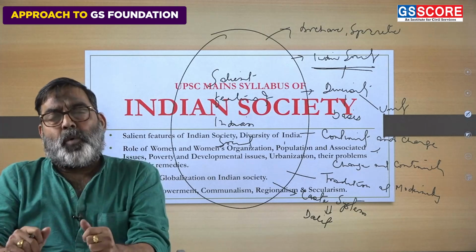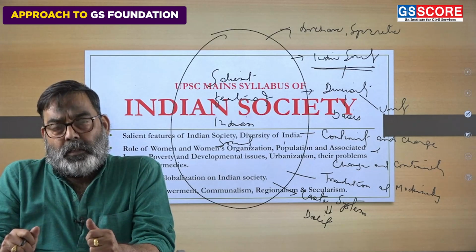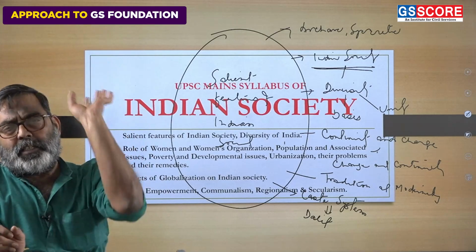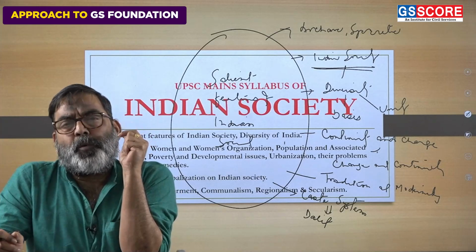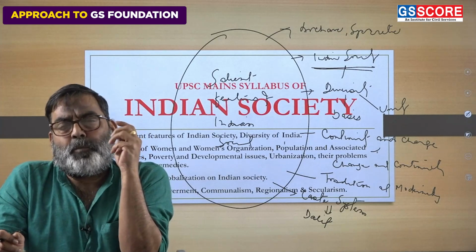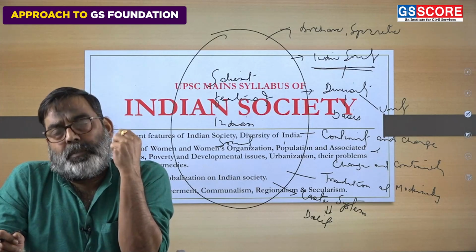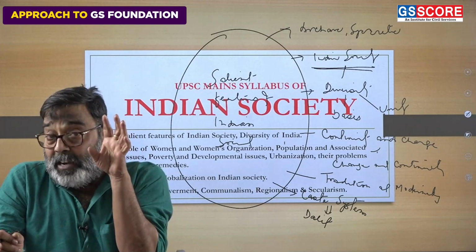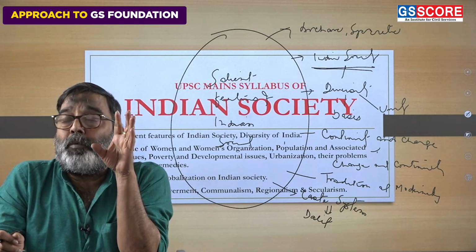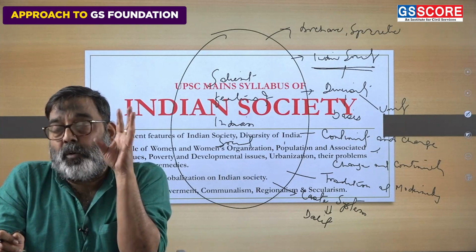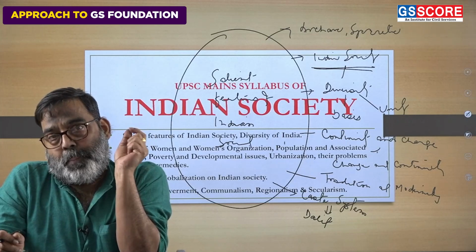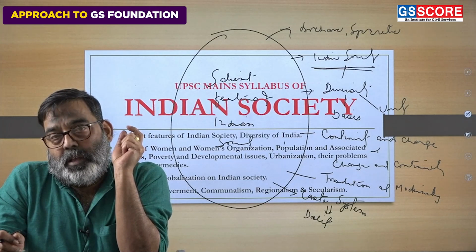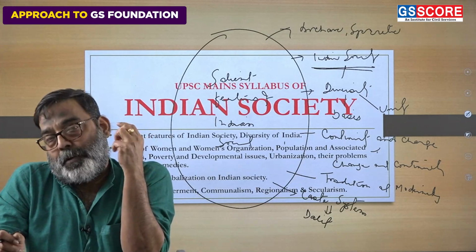Once you have done this, there is an old saying that anyone who wants to approach Indian society should have three cardinal features. Caste system. And mind me, when I say caste system, it should not be viewed merely as a feature of Hindu social organization. It is an old statement which has been made.